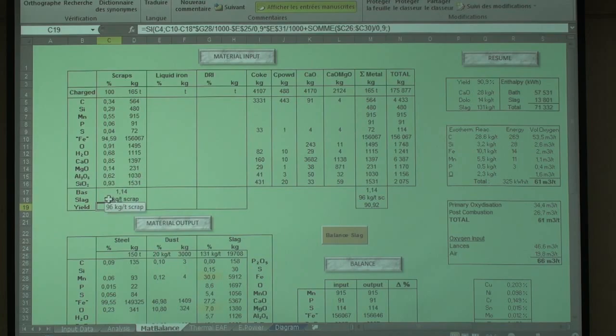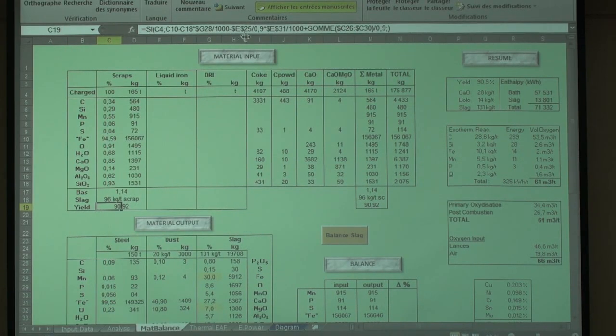C18 is the slag amount generated by this scrap. Yeah? Times G28, this is the FeO content supposed to be the final slag analysis. That means I take here the iron content minus the iron I will lose in the slag.